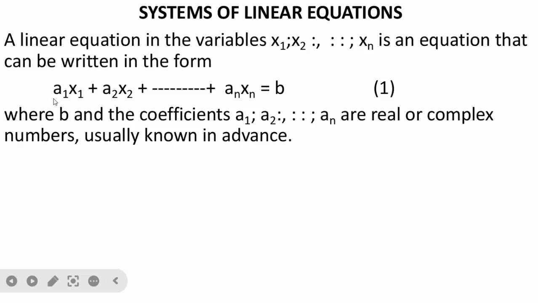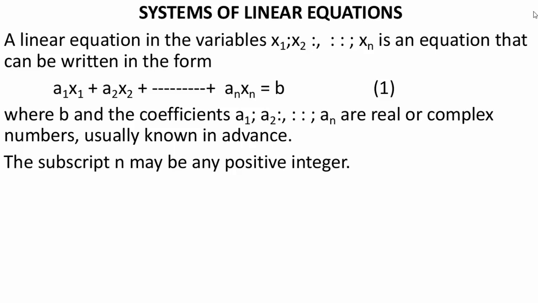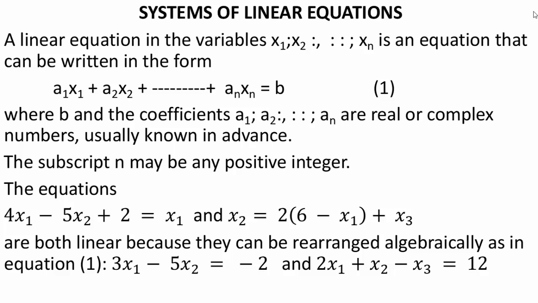Here power of this term is 1. a2 x2, power of this term is also 1, and similar for all cases. That means the equation in which power of the term containing the variable is 1 is called a linear equation. The subscript n may be any positive integer. In the term an xn, the subscript n is a positive integer.